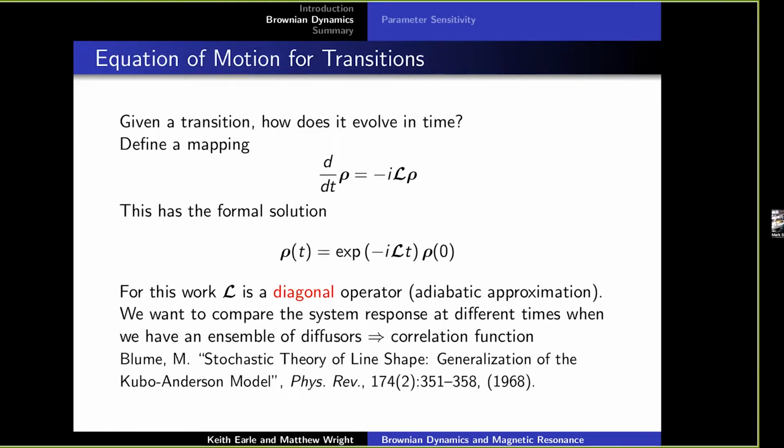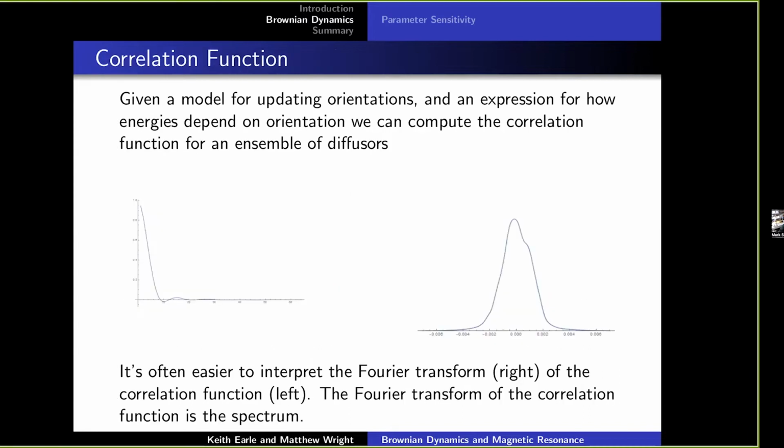I'm not going to say too much more, except to note that it can be important to have a way of translating between a time domain response and its equivalent spectrum. So this is a frequency domain representation of this time domain correlation function. If you take a one-sided Fourier-Laplace transform, you will get this spectral information.